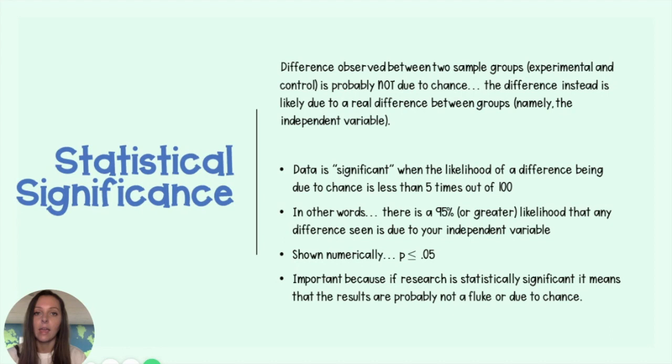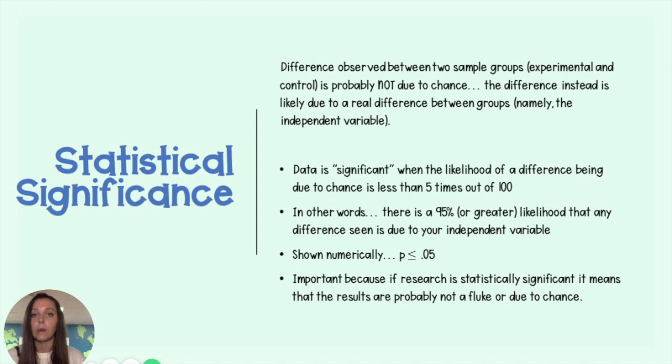We want to say that this variable causes this to happen, so we want to eliminate as much chance as possible. So data is significant when the likelihood of a difference due to chance is less than 5 times out of 100, or 5%. We want it to be equal to or less than 5%.